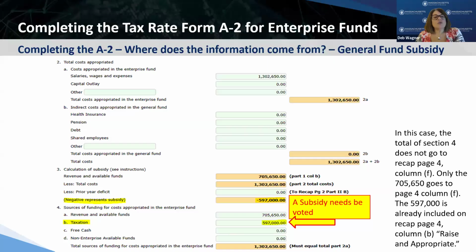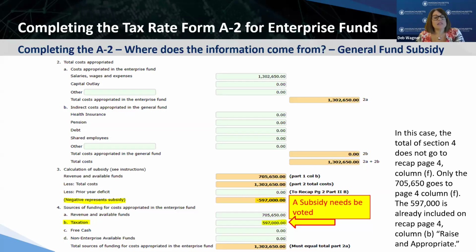And you see Part 2, the salaries, wages, and expenses are $1,302,650. There are no indirect costs for this particular scenario. So you see the total costs are $1,302,650, far more than the enterprise fund revenues.